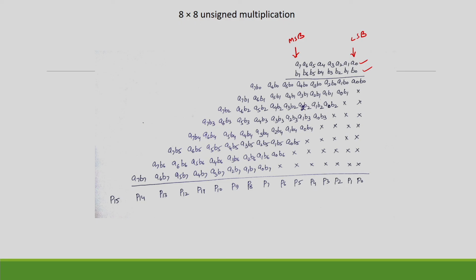Then we will perform this multiplication in the conventional manner. We will multiply first with B0, A0, B0, A1. Okay, we will put the values here, then we will shift and then we will put the values. So, like that this is the complete table.